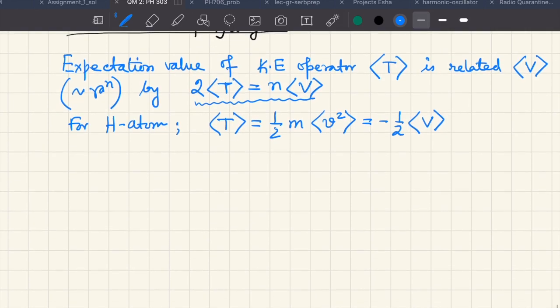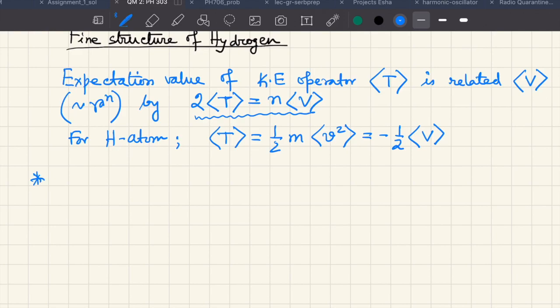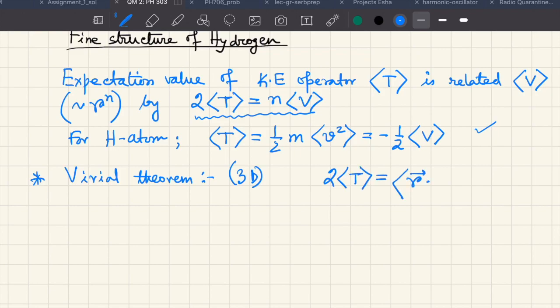In fact, as a side remark, in three dimensions there is this theorem called the virial theorem, the statement of which I just mentioned above. It tells us that 2 times the kinetic energy expectation value is the expectation value of r times the gradient of the potential for stationary states.